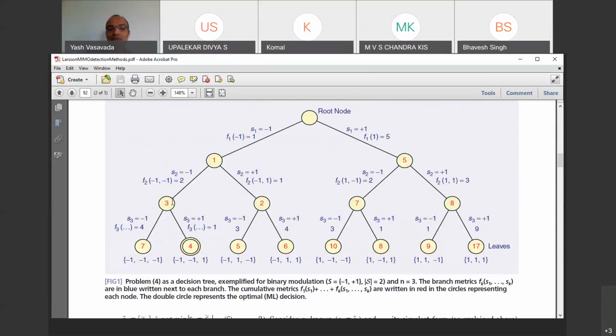And they have to be added to the previous summation, which is f1 plus f2. So 3 plus 4 becomes 7, 3 plus 1 becomes 4, 2 plus 3 becomes 5, and so on. And so we got this total of 8 possibilities, which we have enumerated. And so the final answer is -1, -1, 1, because the corresponding distance 4 is the minimum of all of them.